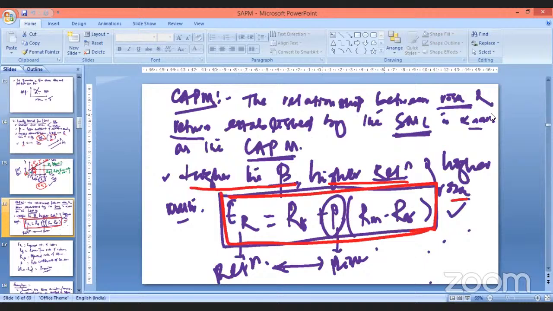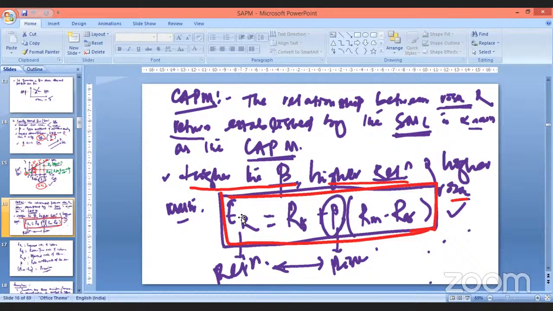You can see the relationship between risk and return established by the SML. That means the security market line is known as CAPM. Higher the beta, meaning the risk coefficient of the security is more, it can give you a higher return.